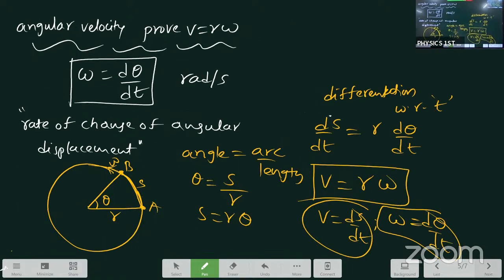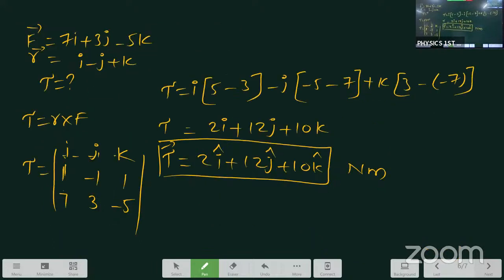V equals r omega is question number 3 from system of particles. The last is the torque problem. From these 4, 100 percent, 8 marks weightage will come, either 4 plus 4, or otherwise 4 plus 2 plus 2. Okay, students, we'll continue tomorrow.